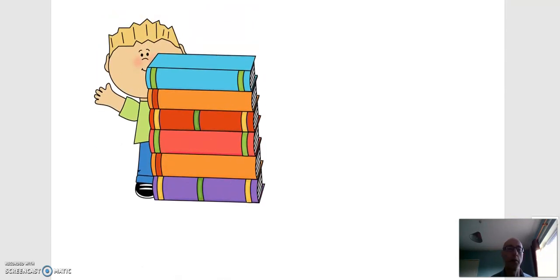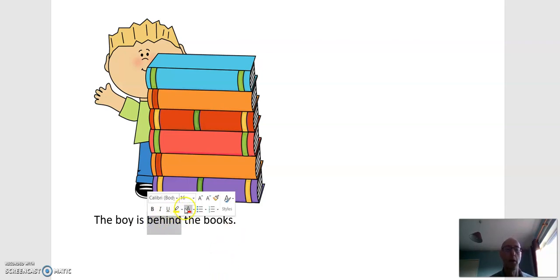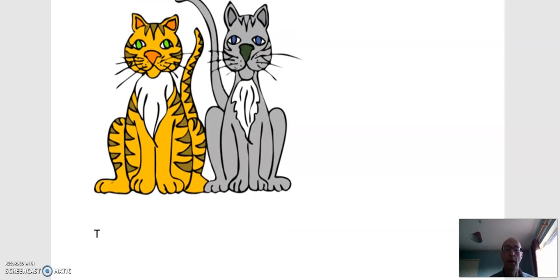Where is the boy, the little boy? What do we call this? What's the preposition? Behind. Behind the books. And where is the cat? Where's the yellow cat? Yellow cat is beside the grey cat.